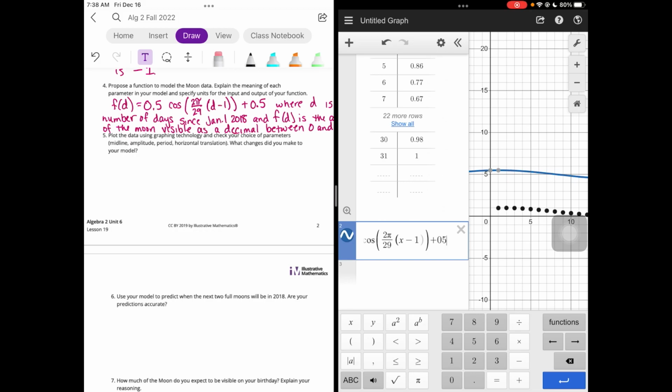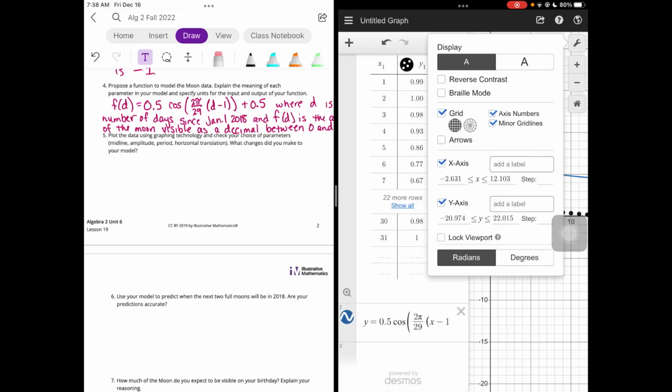All right, so there is our equation, and we need to make sure we are in radians, which we are, and that looks good.